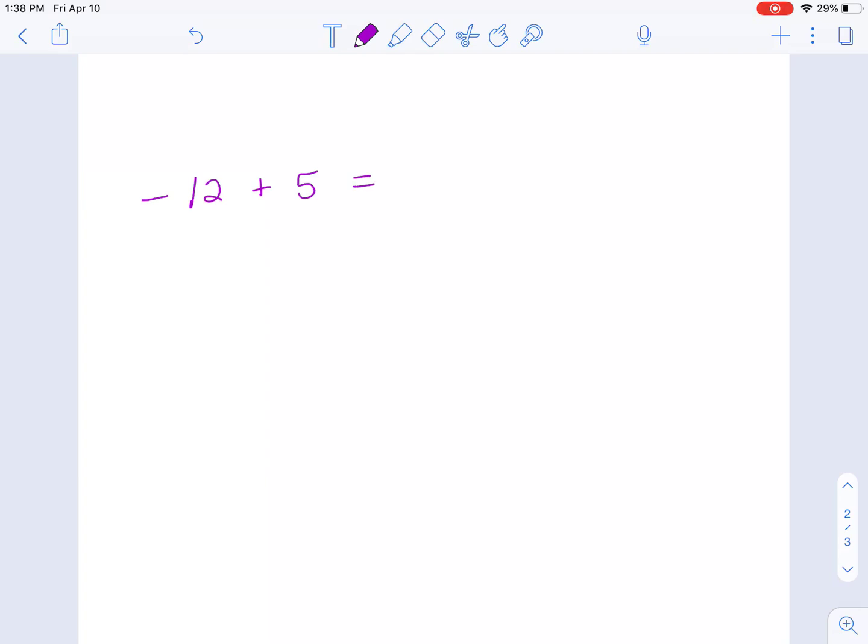Okay, let's look at this problem. Are my signs alike or different? They are different. So I find the difference. The difference, 12 minus 5 is 7. Now, is it going to be a positive or a negative 7?